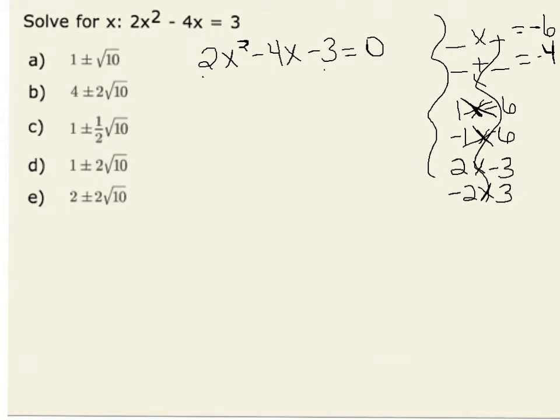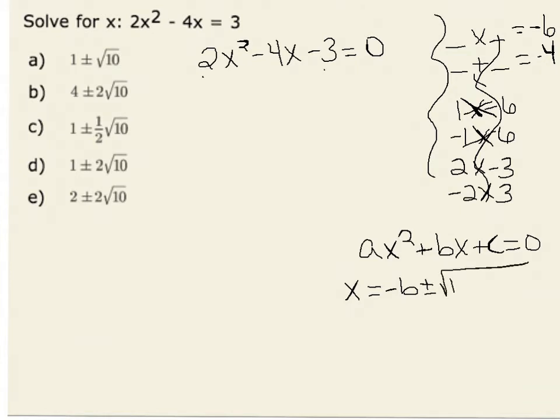We might remember that given a quadratic, ax squared plus bx plus c is equal to 0, I can solve for x using the quadratic formula, which states x is equal to the opposite of b plus or minus the square root of b squared minus 4ac, all divided by the quantity 2a.